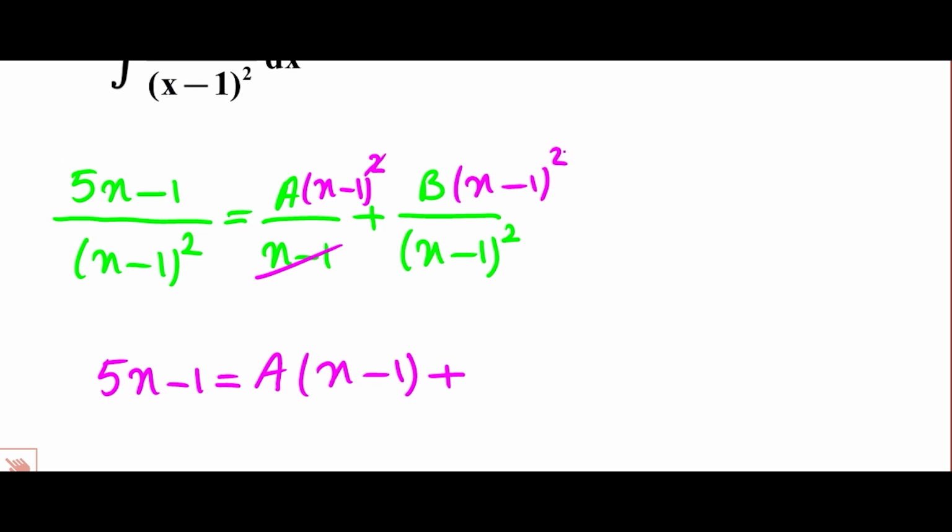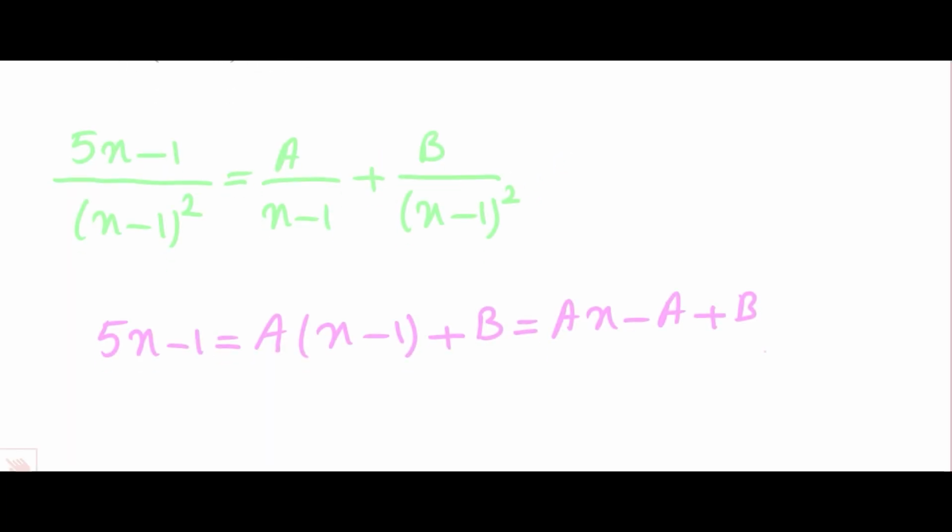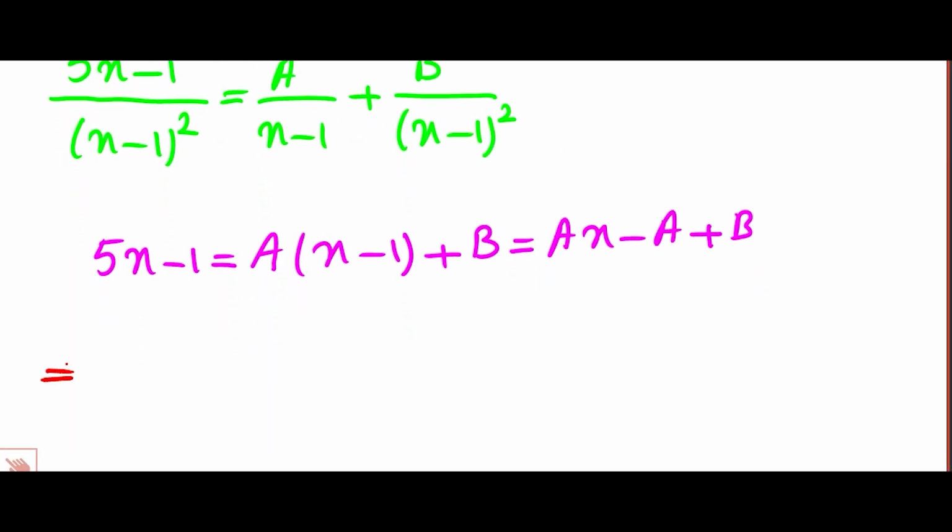So the factors of x minus 1 whole squared cancel and we have b, or ax minus a plus b, right? So we have 5x minus 1 equals ax minus a plus b.